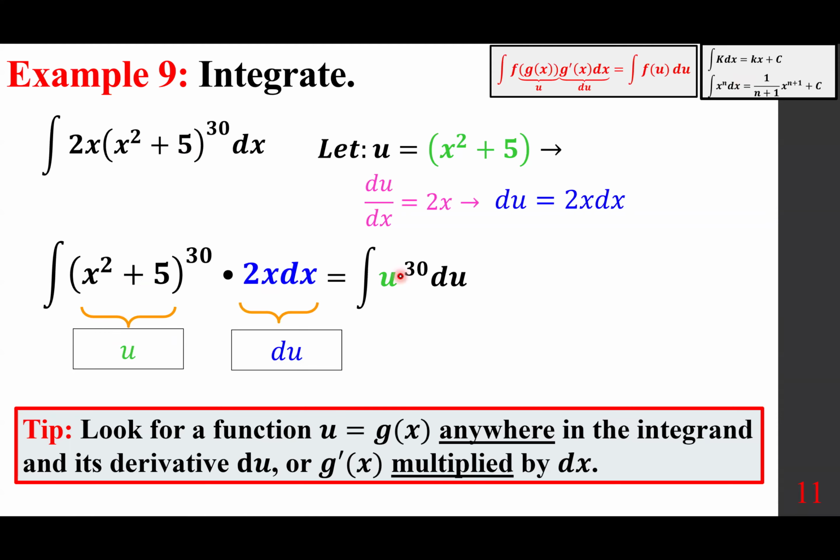So 1 over 31, u to the power of 31, and a constant is the answer. You replace the u, you get 1 over 31, x squared plus 5 to the power of 31, plus a constant, and we're done. As always, you can differentiate the final result. You get this one without the dx.